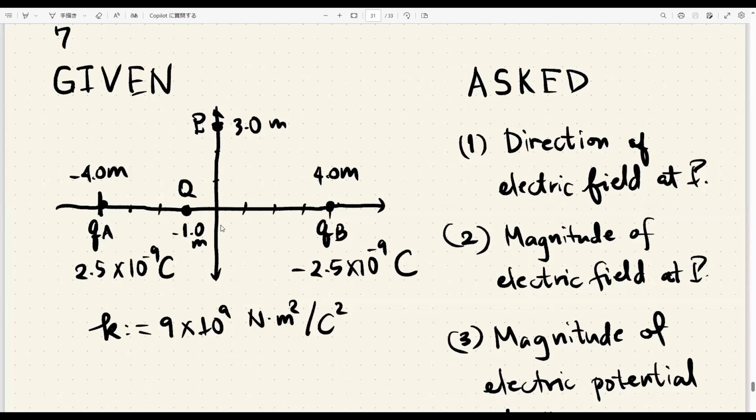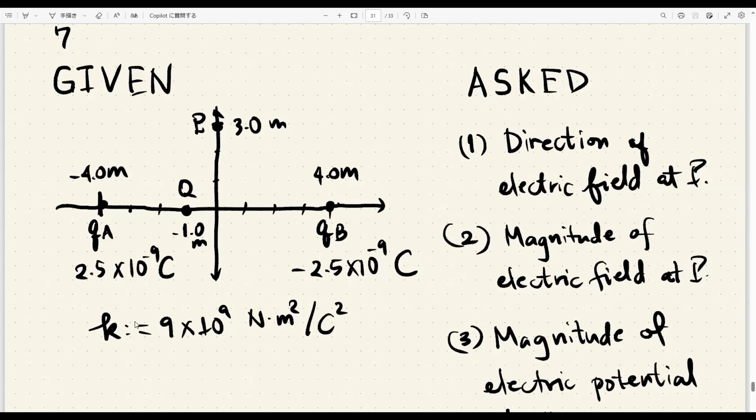Along the center line, there is the point P, which is 3 meters above the midpoint of QA and QB. There's another point, Q, which is closer to QA than to QB. More precisely, it is 3 meters away from QA, but 5 meters away from QB, and it's on the same line as QA and QB.